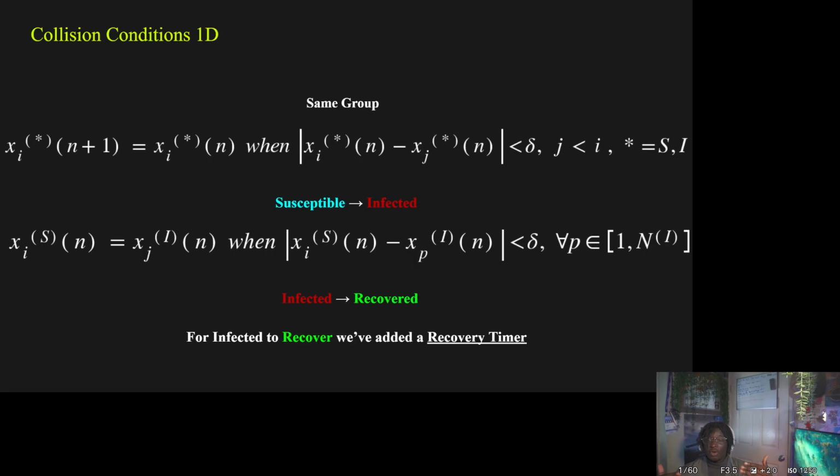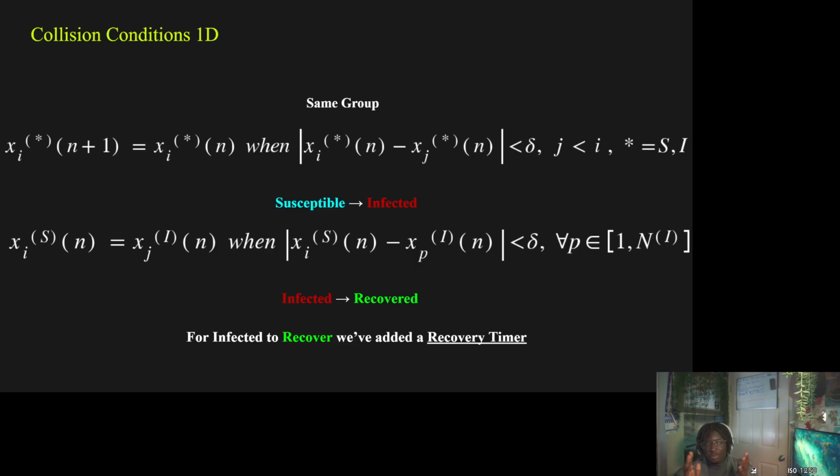So at the next time step, I retain the same position I had at the previous time step. And same for infected. If you're infected and I'm infected, and I get too close to you, I'll just stop and keep that same position.